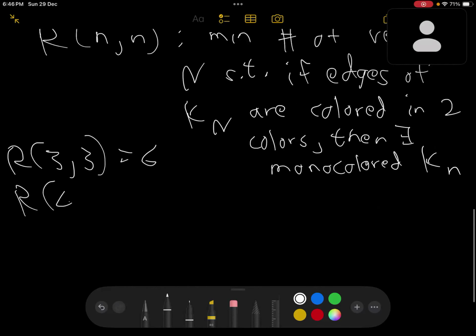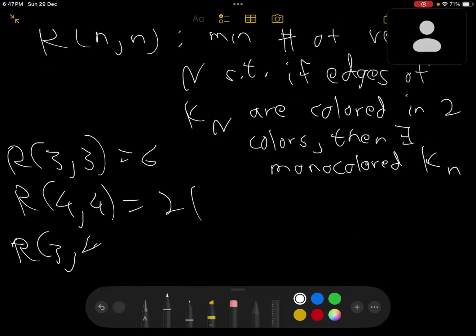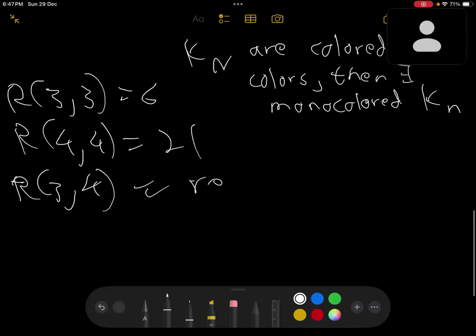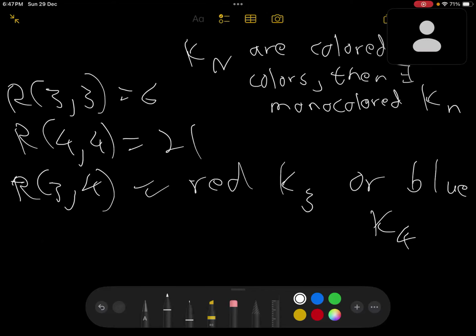And it's known R(4,4), I think, is 18. R(5,5)... Or can the arguments be different also, like R(3,4)? Yeah, R(3,4) is possible. Actually I should say R(3,4) is either a red K_3 or a blue K_4. So in fact R(s,t) is better. So R(s,t) is either a red K_s or a blue K_t.